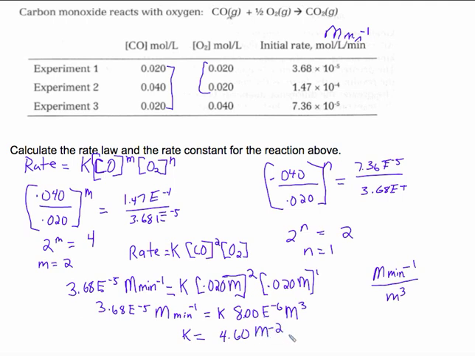So the units would be molarity to the -2 minutes to the -1. That would be the answer for the rate constant right there. You could change this back into moles per liter, but I don't think there's a need to, because molarity is moles per liter. Okay, that's it for this one.